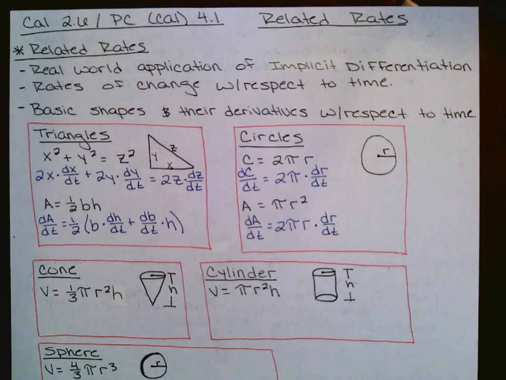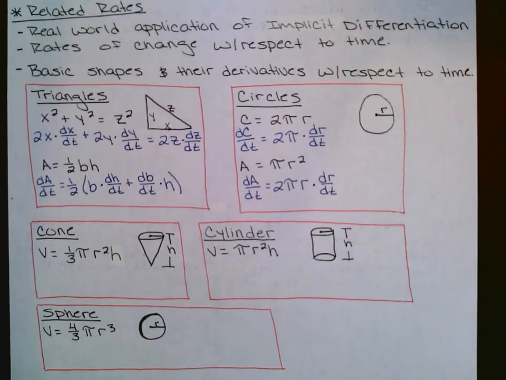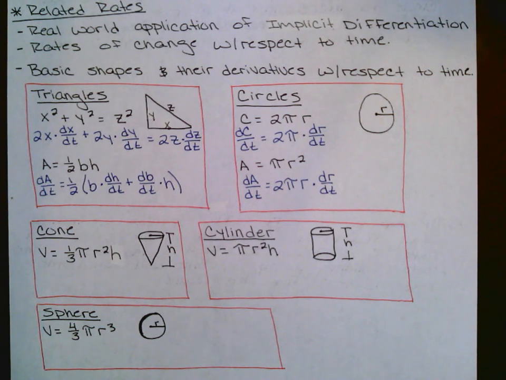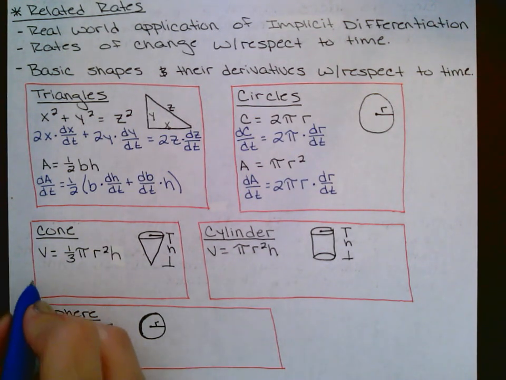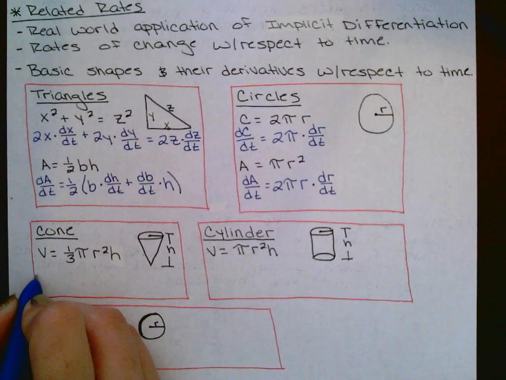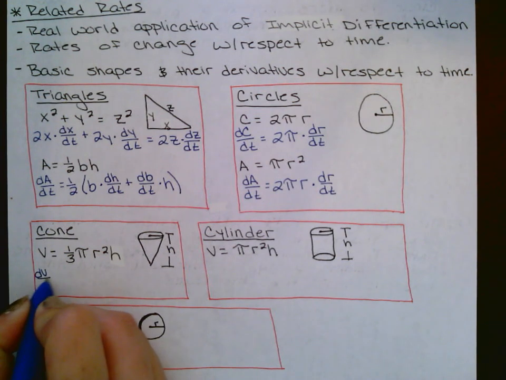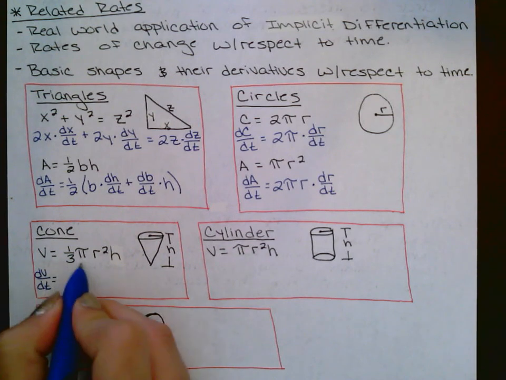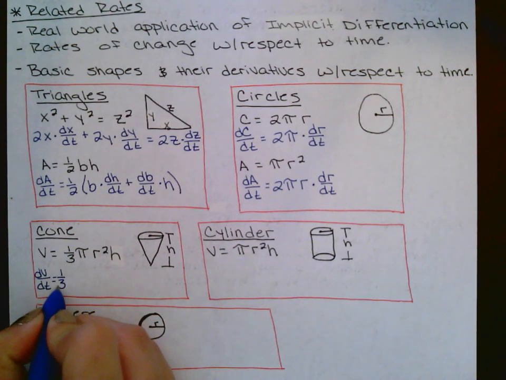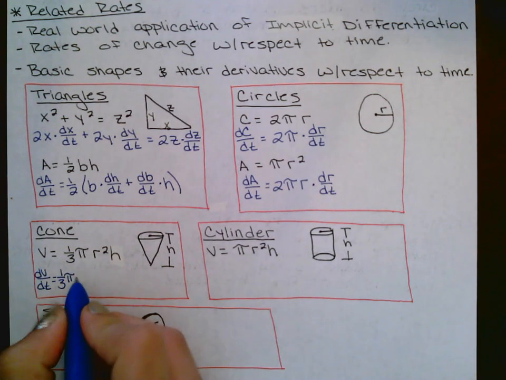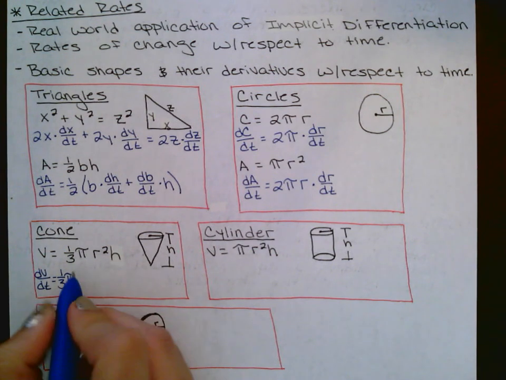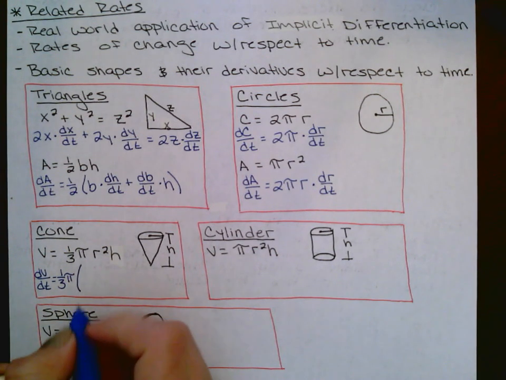The next three shapes we have are our three-dimensional shapes, okay? Our volumes. So we have a cone, a cylinder, and a sphere, okay? So for our first one, we have derivative of volume is dV dt equals, bring down your coefficient of 1/3 pi, and then r squared times h is product rule.